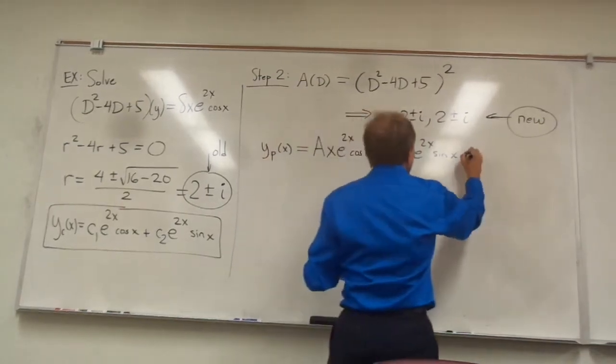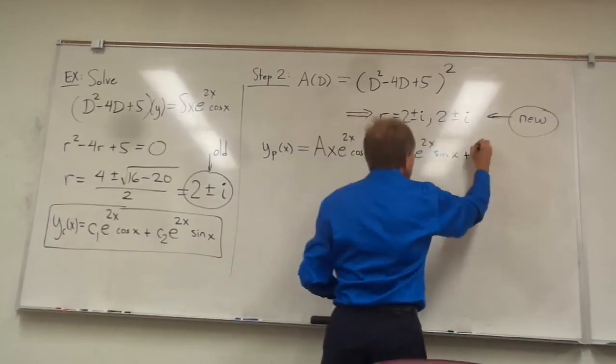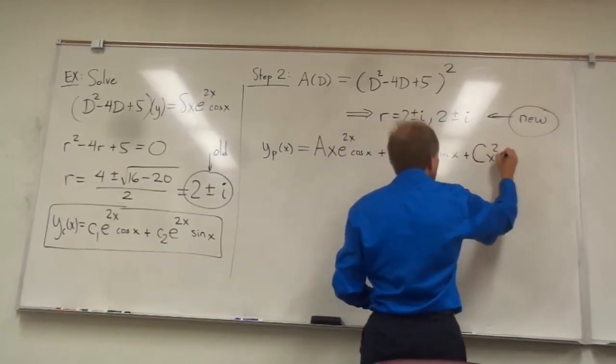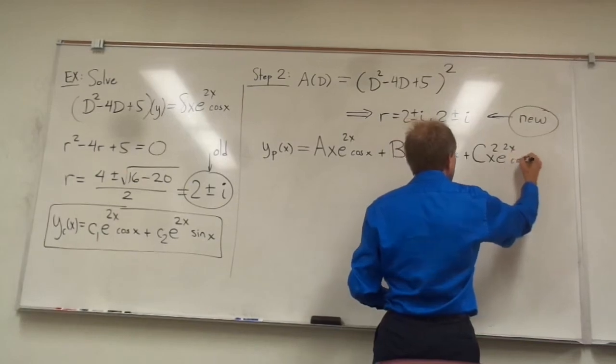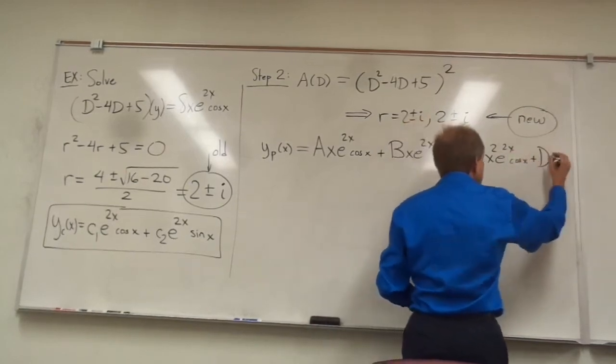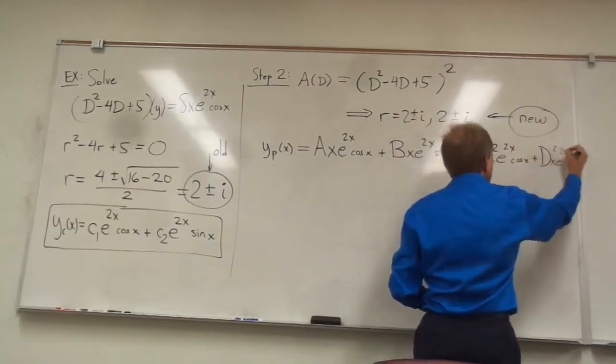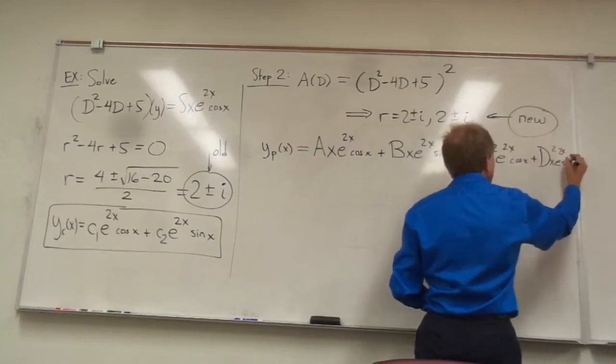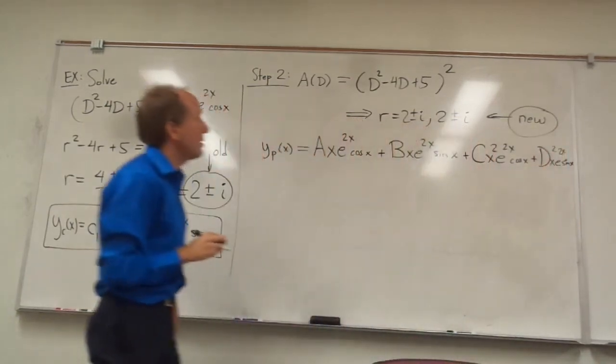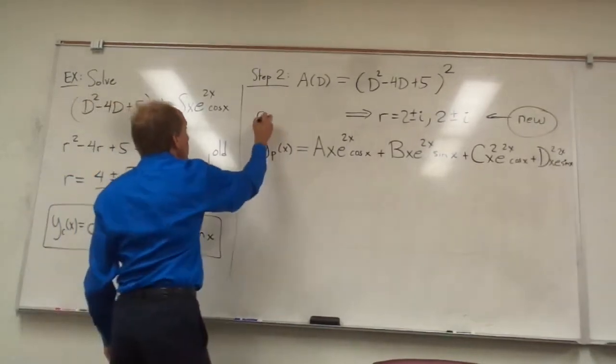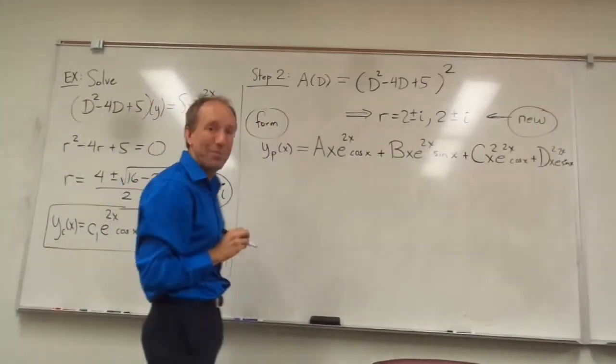But I have to keep going because it's repeated again. So c x squared e to the 2x cosine of x plus d x squared e to the 2x sine of x. A little bit of tight space there. This is the form of your particular solution.